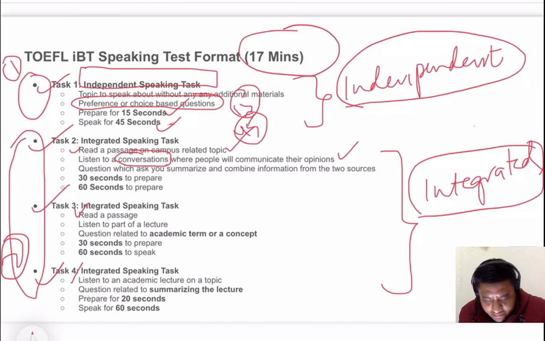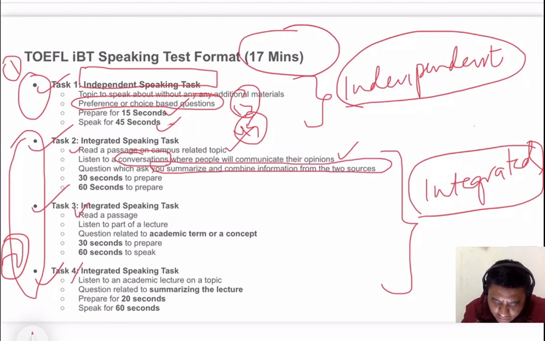Then you are given a question to summarize and combine information from the two sources. The purpose given to you is to summarize and combine information. The question might be something like, let's say you finish listening to a conversation on a university starting an evening class.